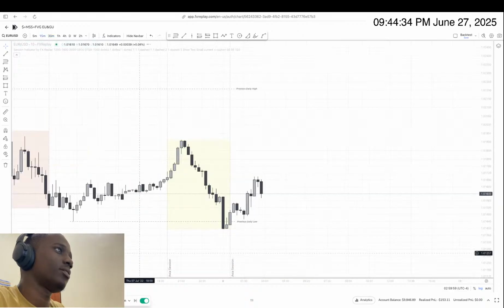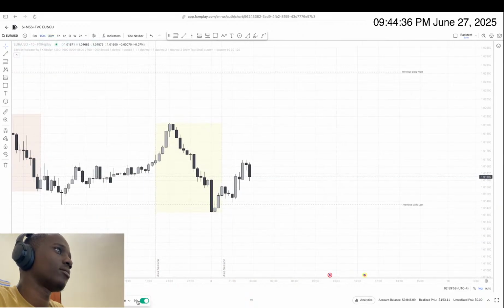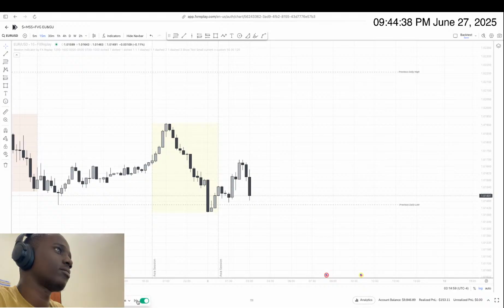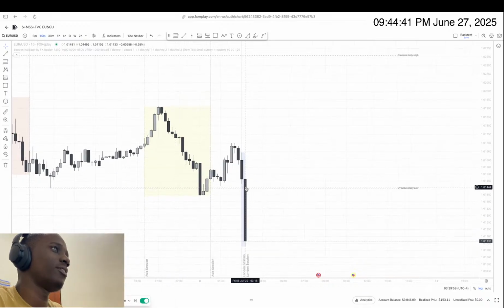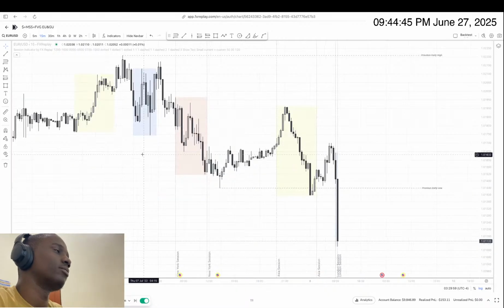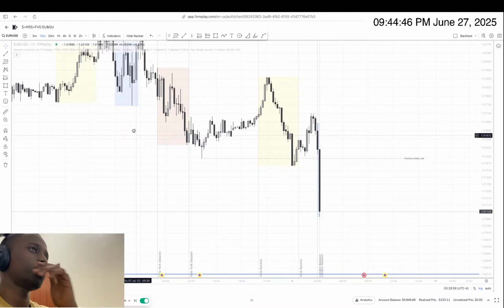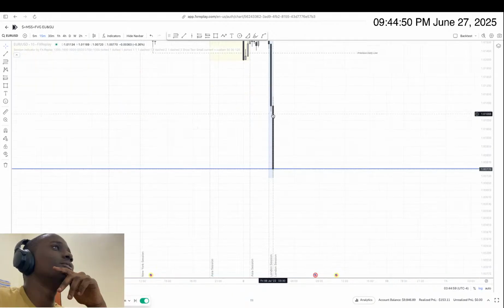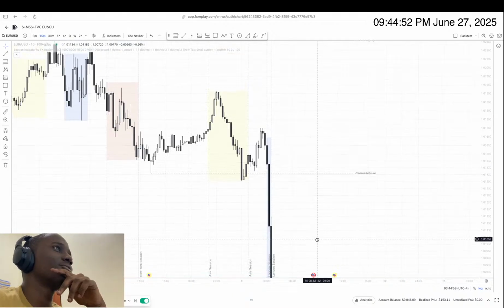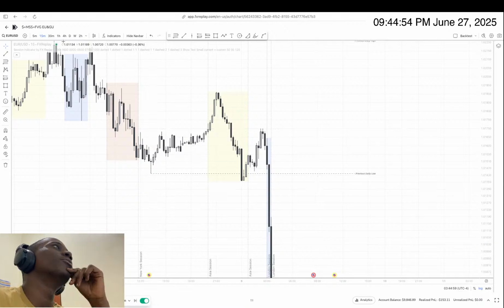Go to the 15 minute. Boom, we drop heavily by the open. So far no entry has been provided, but you can see we're about to reach the level. We've already reached the level 2 of the move.